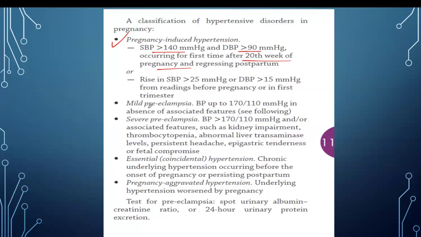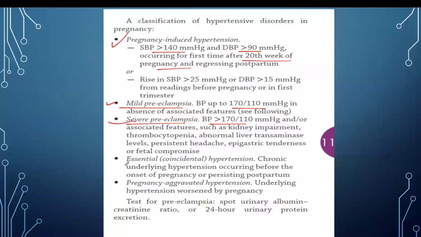Then we have got preeclampsia. John Murtagh has divided it into mild and severe preeclampsia. Mild is when the blood pressure is up to 170 by 110, and severe is when it is more than 170 by 110. Okay? So now you know what is pregnancy-induced hypertension, what is mild preeclampsia, what is severe preeclampsia.